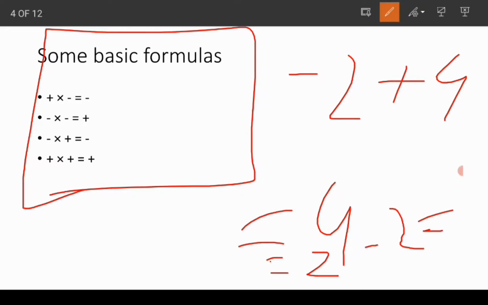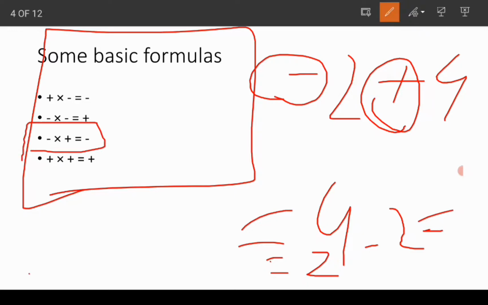Now the question is, will it be +2 or -2? Will the answer be a positive or a negative number? Here we are adding minus and plus. According to the formula, minus and plus is equal to what? Minus into plus is equal to minus.